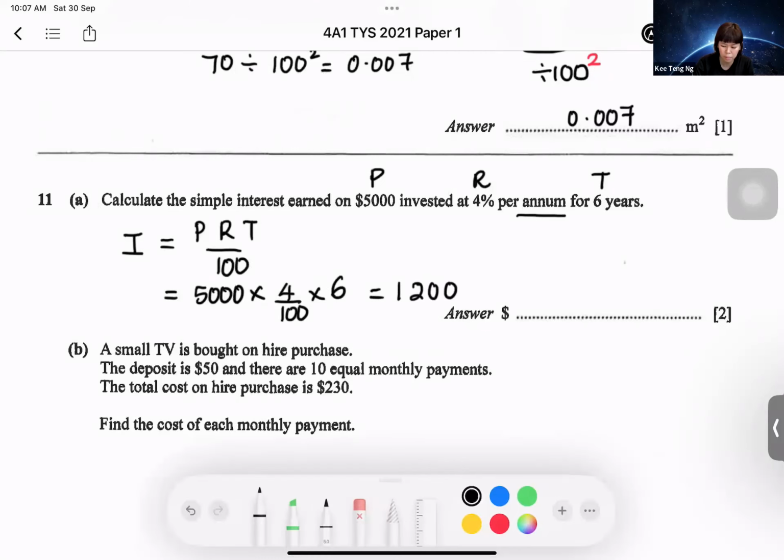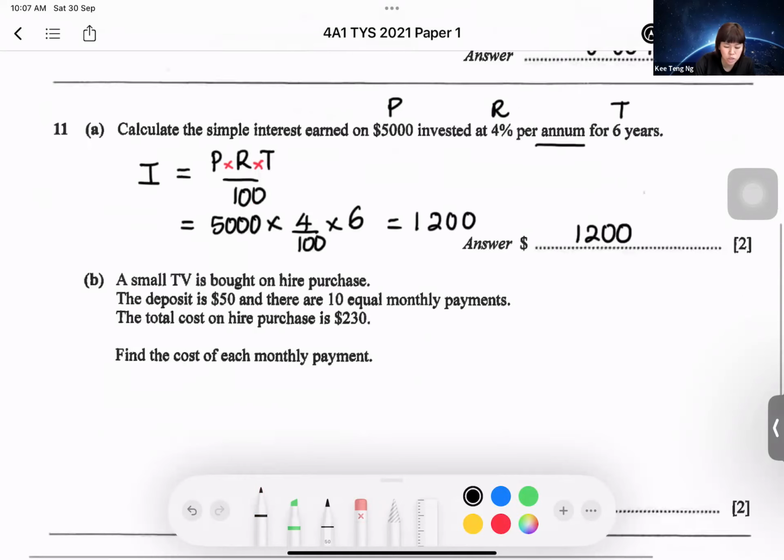Right? PRT is P times R times T, so there's a multiplication sign. Do not just write the numbers. You can put either a bracket or a multiplication sign. All right, so this one will be $1,200.